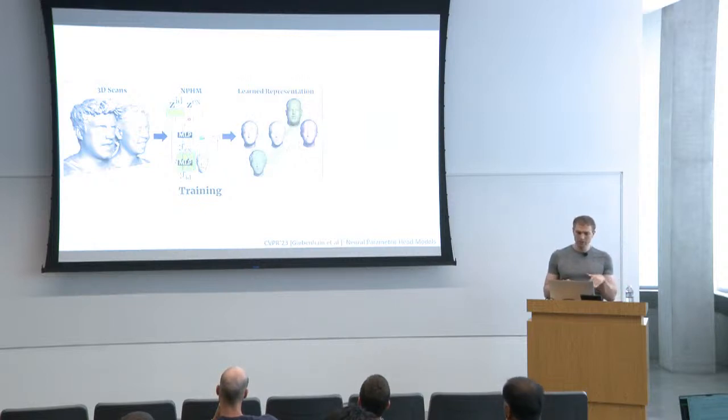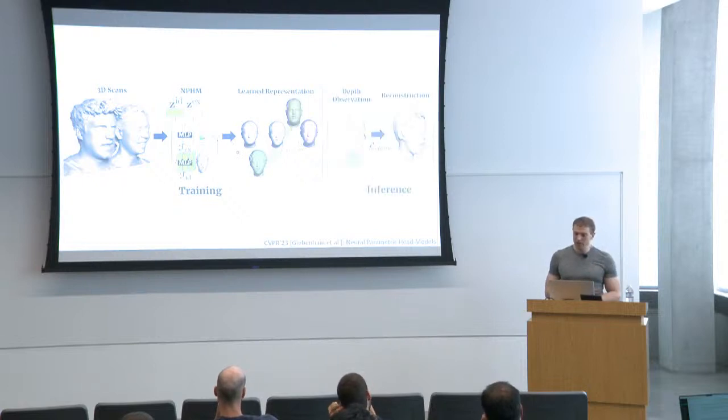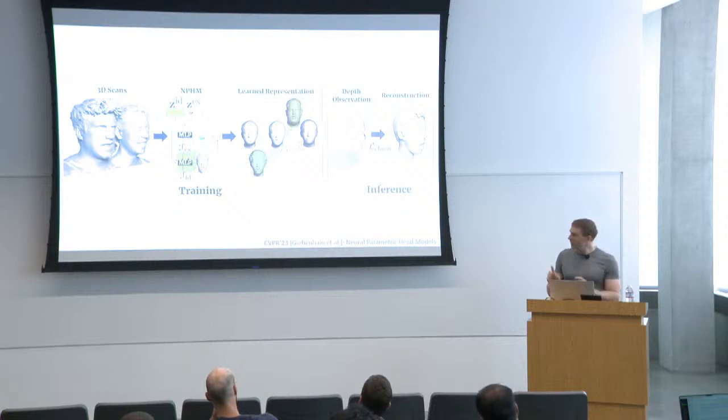One of them makes sure that only the expression changes, and one of them makes sure only the identity changes. And what's very critical is that these two spaces are actually decoupled. And then at test time, we can fit it, right? So we have a depth observation, and we can optimize basically for these z_id and z_ex parameters. I'll go into a little more detail, but I wanted to go first at the high level so that you roughly get how we did this.